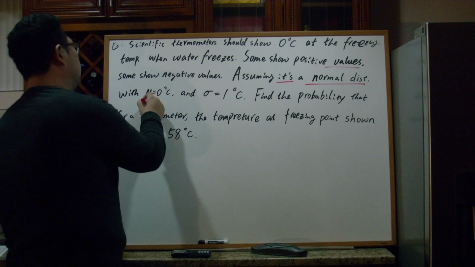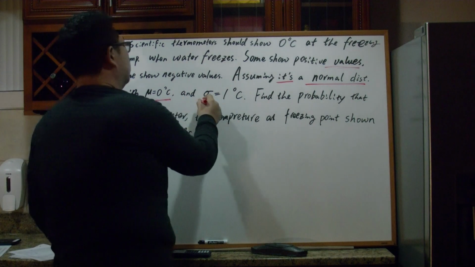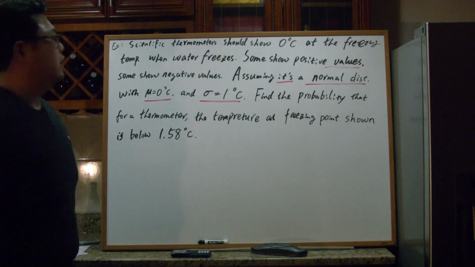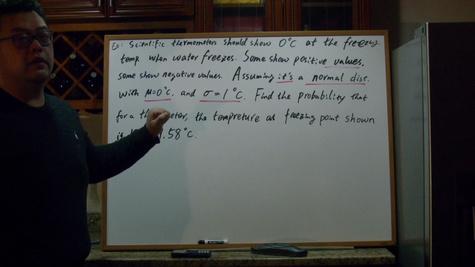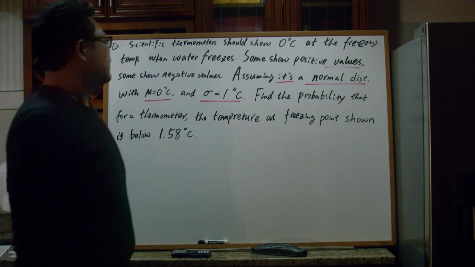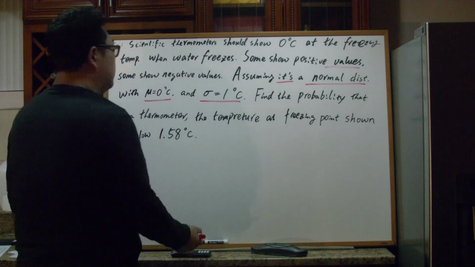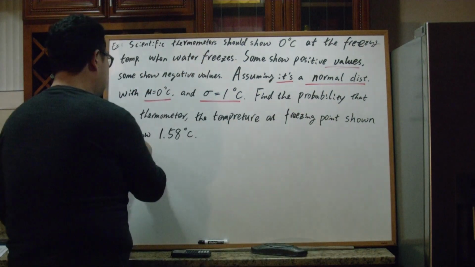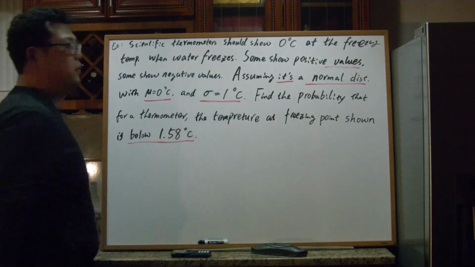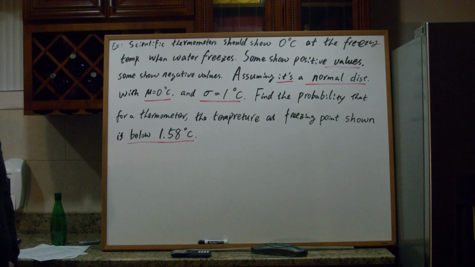With the mean 0 and standard deviation 1, the unit is degrees Celsius, agreeing with the unit at the end, so we can ignore that. So what we find is that at the freezing point, the shown value is below 1.58 degrees Celsius.